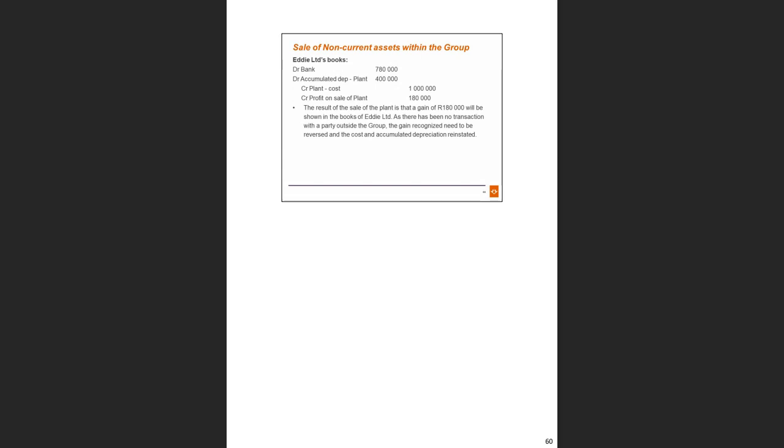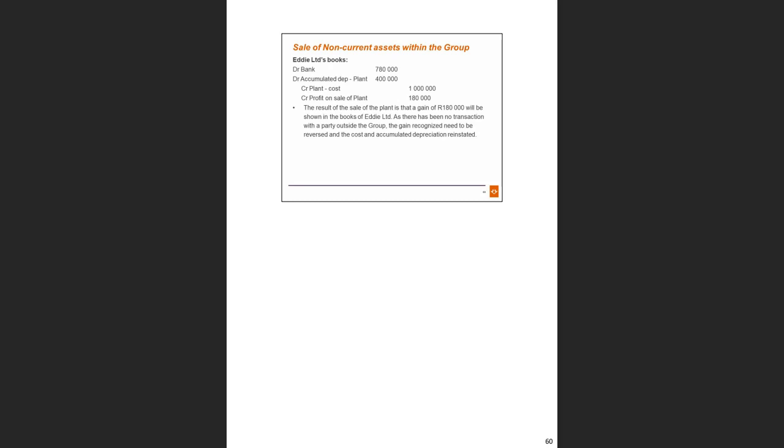How are we going to account for the sale that Eddie has sold to Sandy? So Eddie sold this to Sandy for 780,000 Rand. So the first thing we're going to do is debit bank 780,000 Rand. Eddie has sold this item of plant and its bank account has increased by 780,000 Rand.